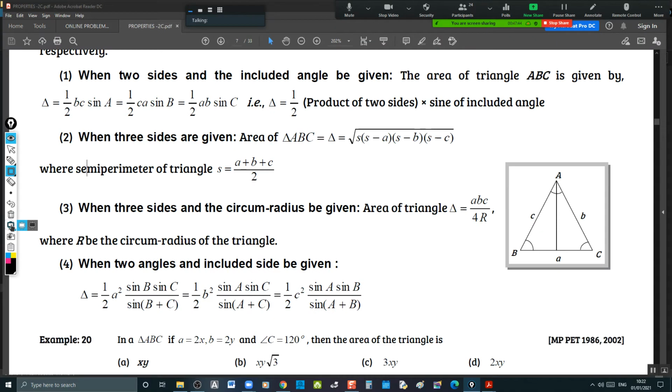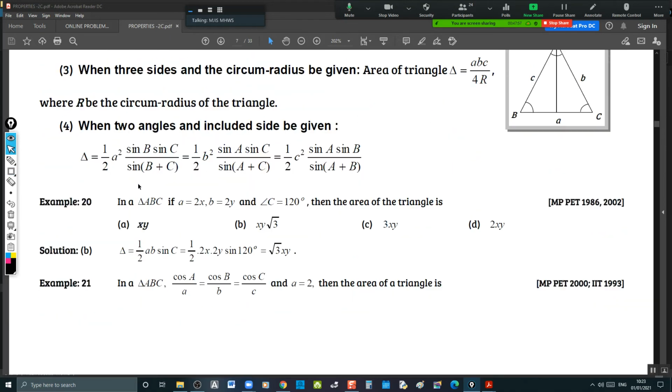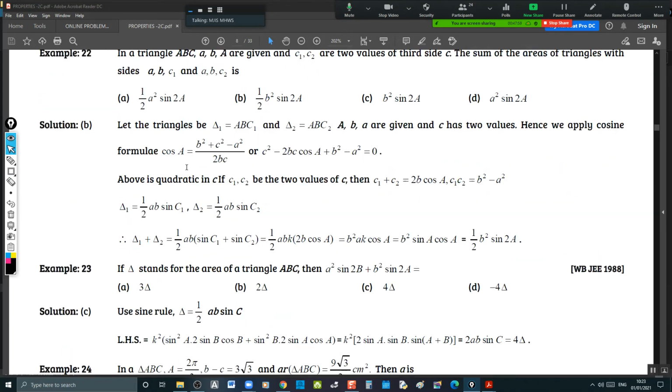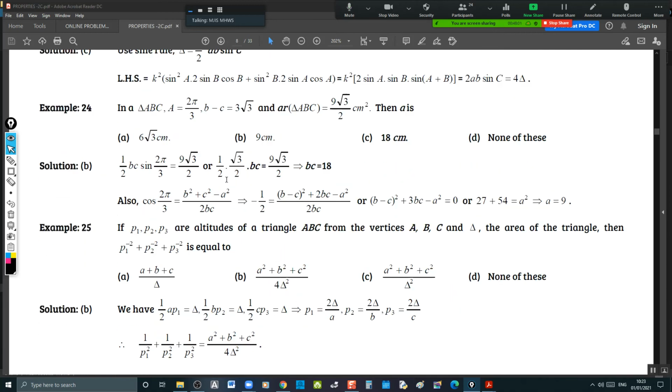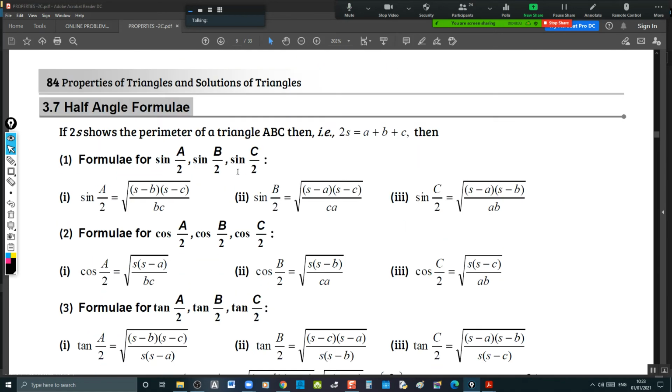That's it. So in the area of triangles, you have this formula. And coming to now, even in the advanced syllabus, it is given as solution of triangles, not properties of triangles.